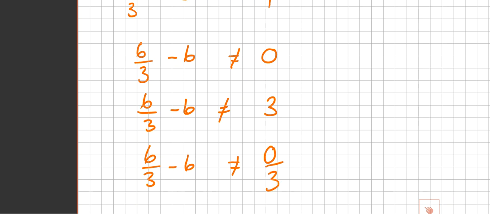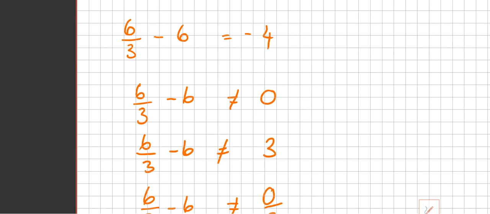Because they think that subtracting the 6 gets rid of it. But that's the same as 0, right? Which is wrong. Because you know the correct answer is negative 4. Why is it negative 4? Because you do that bit first, right? 2 minus 6 equals negative 4.